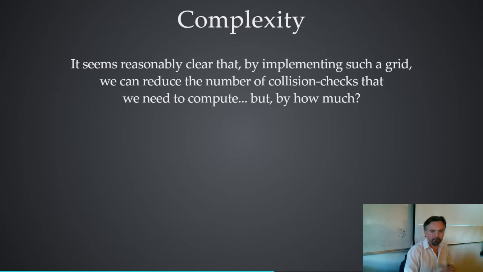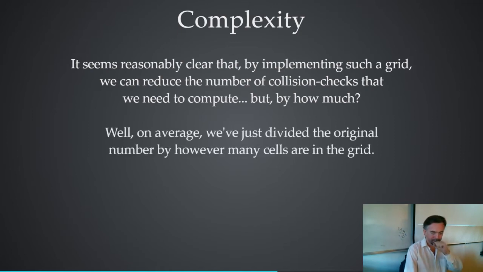All right. So the cool thing is, if you do this and you track the positions and you put them in a grid, you definitely reduce the number of collision checks that you'd have to do by quite a good margin, and that's what we want. So that's great. But it's worth thinking analytically, what does this do to the actual order of complexity, right?